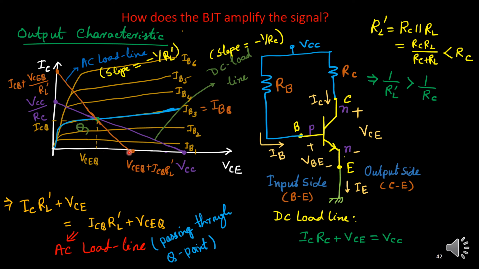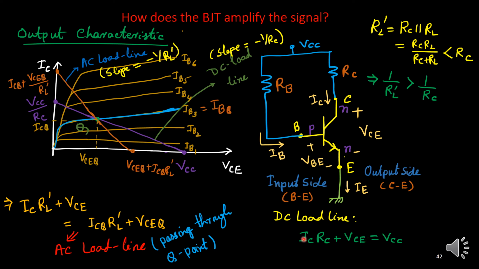And we can show that this value is less than VCC. That's not difficult to show. What is VCC? It is IC times RC plus VCE. Now if I replace with the Q point, VCEQ plus ICQ RC is also VCC.